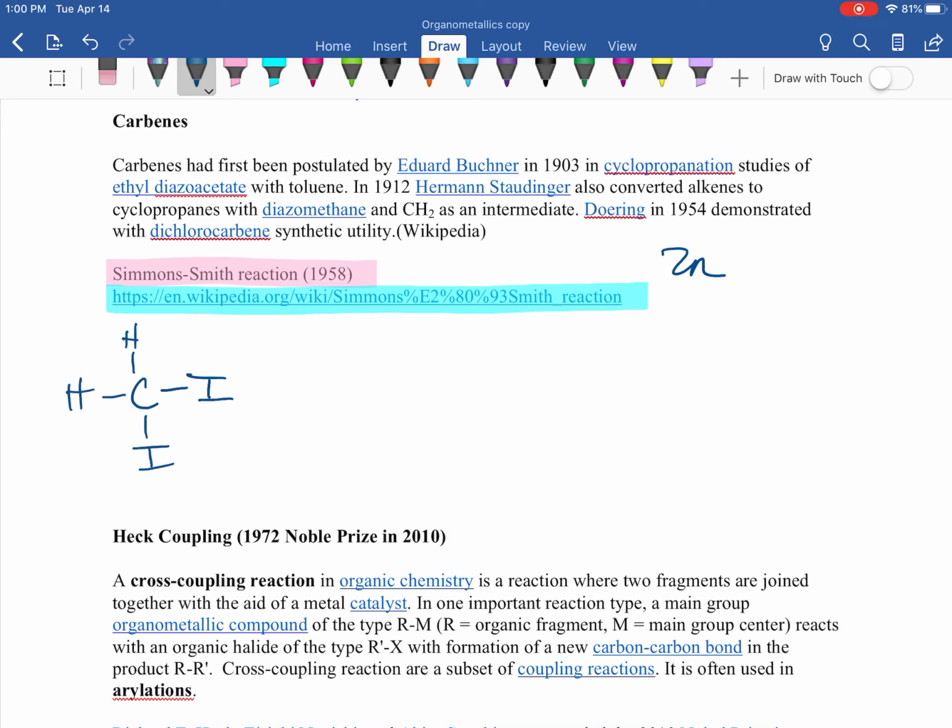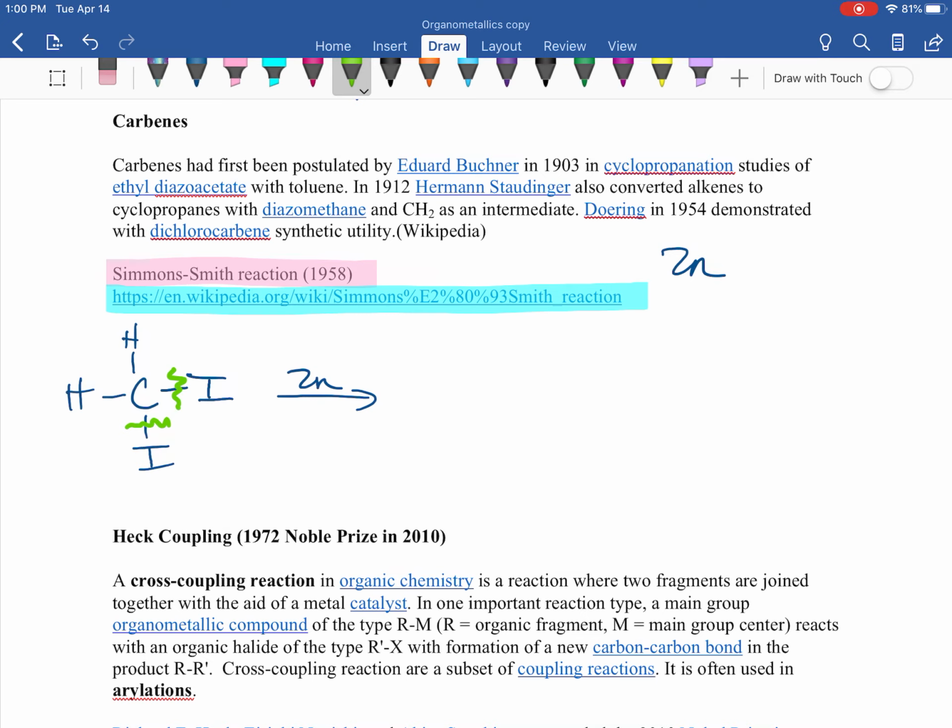This is diiodomethane, 2 iodines on there. And it turns out if you treat this with zinc, it will do an insertion just like magnesium and lithium. The trippy part is if we look at the oxidation numbers for zinc when it forms ionic bonds, it's a +2, not a +1. So it actually inserts into this compound not once, but twice.